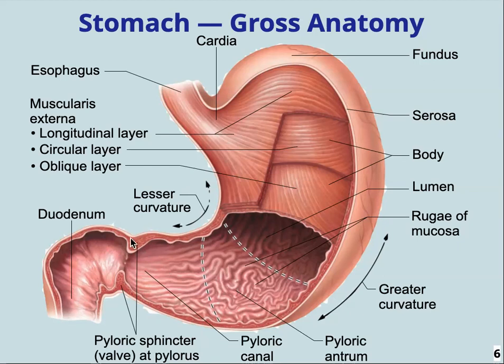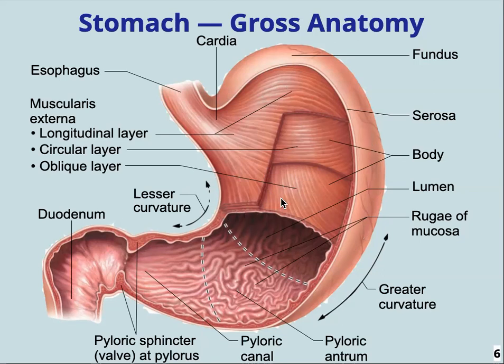And this sphincter functions to regulate the speed at which stomach contents, or the chyme, is being emptied into the duodenum. Okay. And we need it to be slow enough such that our duodenum has time to extract the most nutrients to be absorbed from that chyme. And most important to note here is that the muscularis externa in our stomach, unlike the rest of our digestive tract, which generally just have 2 layers of muscle, here we have 3.